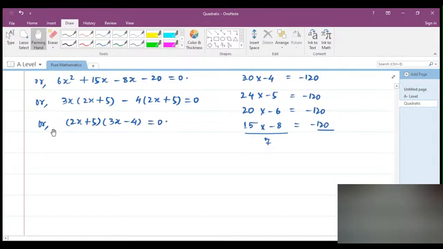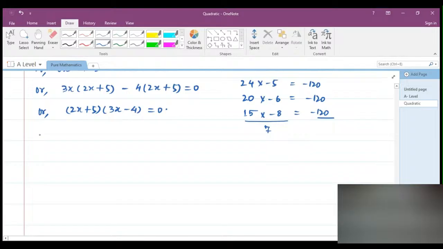The next step here will be 2x plus 5 equal to 0, and 3x minus 4 equal to 0. Therefore, x equal to minus 5 by 2, and x equal to 4 by 3. So here will be the required answer.